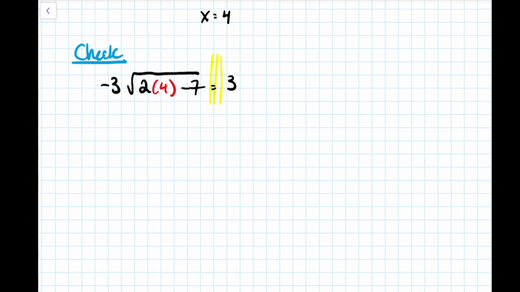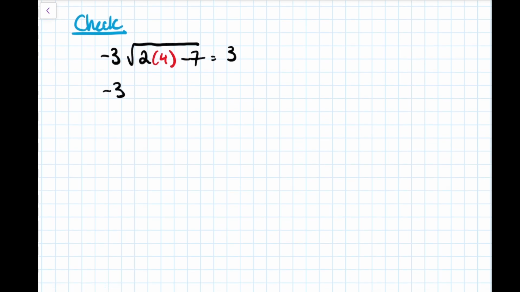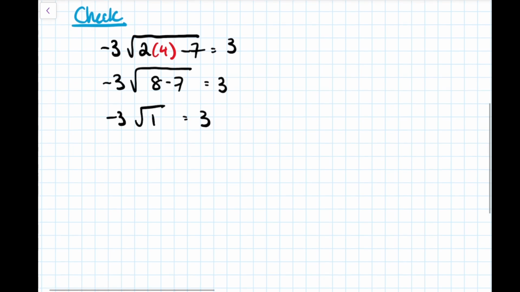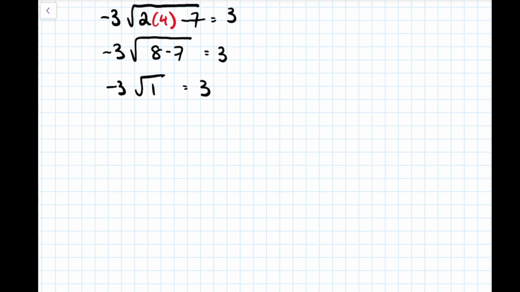We are just calculating. So 2 times 4 gets me 8. And 8 minus 7 gets me 1. And the square root of 1 is 1. But -3 times 1 does not equal +3. It equals -3. And so these don't match. And that's a problem.